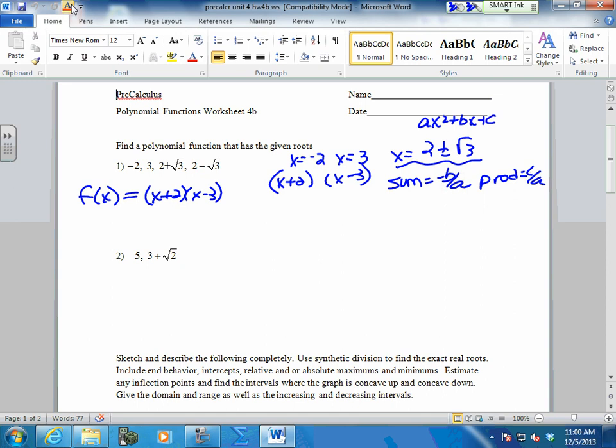Right? So let's take the sum of those two. What's the sum of 2 plus radical 3 plus 2 minus radical 3? 4. This is equal to negative b over a. And we said, all right, let's get a out of the mix here. What's b? Negative 4. Good. Then we took the product.